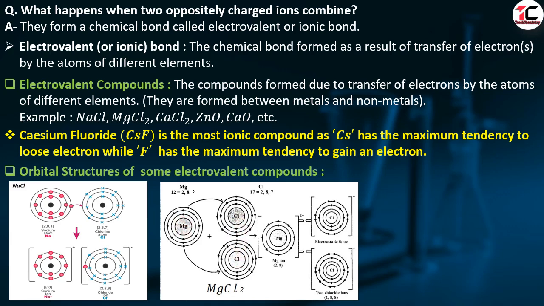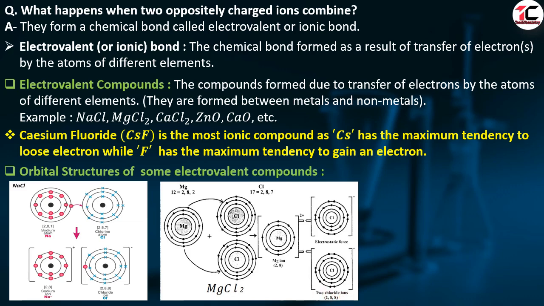Magnesium has 2 electrons in the outermost shell. Chlorine has 7 electrons in the outermost shell. So 1 electron is transferred to the first chlorine atom and another electron is transferred to the second chlorine atom. So magnesium turns to magnesium ion and chlorine turns to chloride ion.